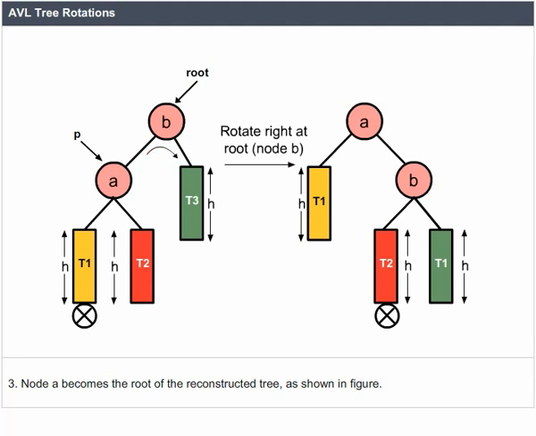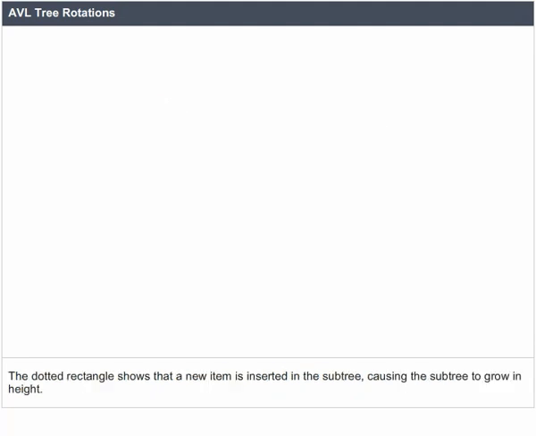The dotted rectangle shows that a new item is inserted in the subtree, causing the subtree to grow in height.